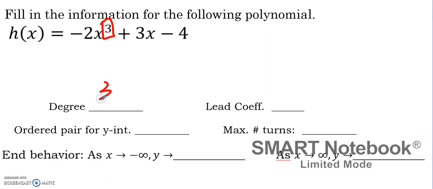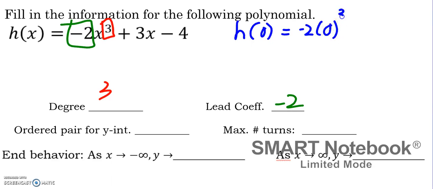Degree, 3. Leading coefficient, negative 2. Ordered pair for the y-intercept. How do we find a y-intercept? Good question. Plug in 0 for x. And remember that it's always going to be the number without x.